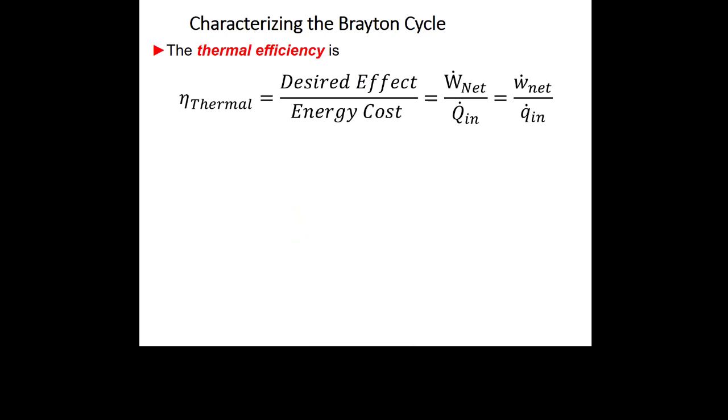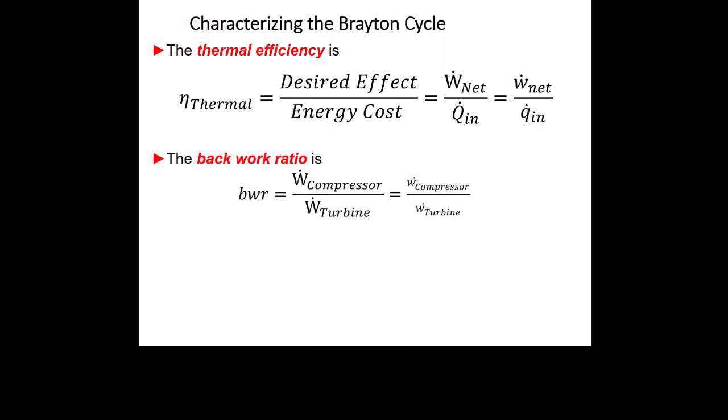Now, because it's still a heat engine, the energy benefit is still net power. The energy cost is still heat rate in. Right? Just like the Rankine cycle. And like the Rankine cycle, another way we can characterize this cycle is we can talk about a back work ratio.